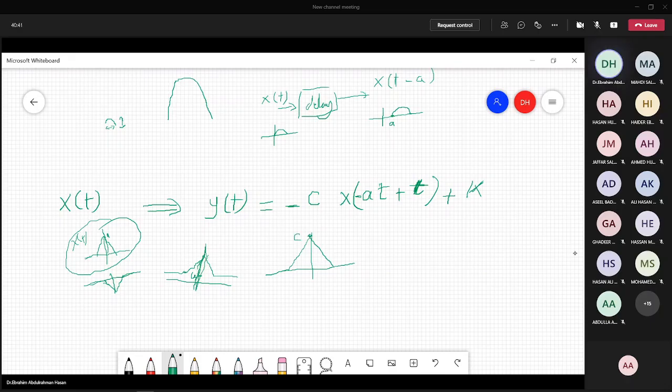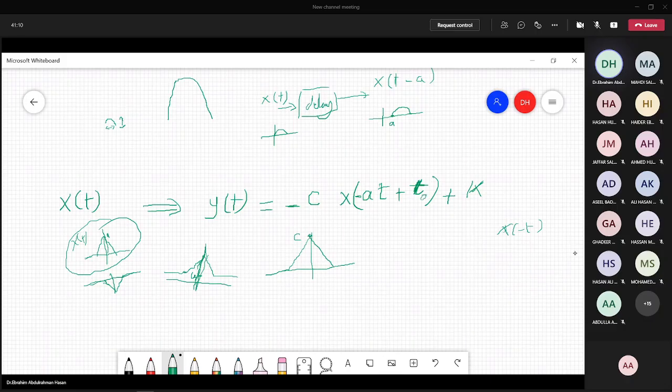Okay, what about this minus? It's going to flip it, like x of minus t. X of minus t, whatever we have on the right, we get it on the left. So this does a flip. What about this one?